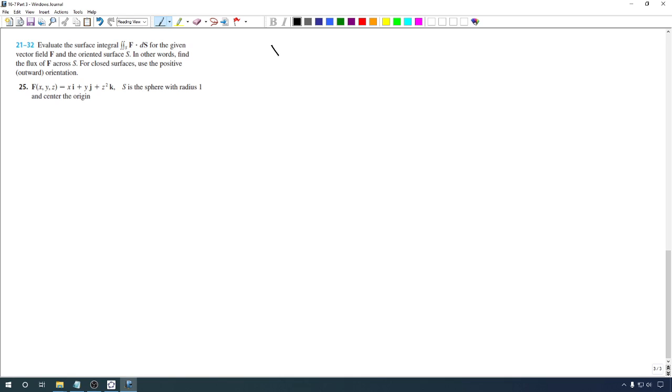And we already noted in our last video that the positive orientation is given, at least when we're using spherical coordinates. So here, using spherical coordinates with our radius equal to 1, so rho equals 1, we have x equals sine phi cosine theta, y equals sine phi sine theta, z equals cosine phi. We found that to give it the positive orientation, the outward one, we need to take r phi cross r theta and not the other way around.